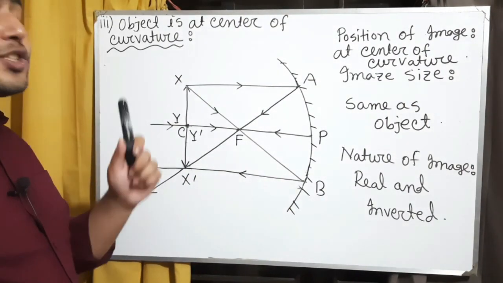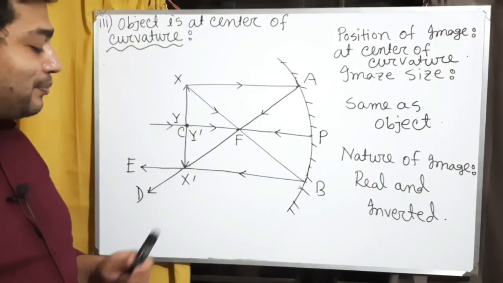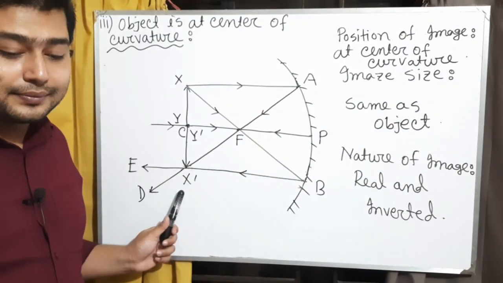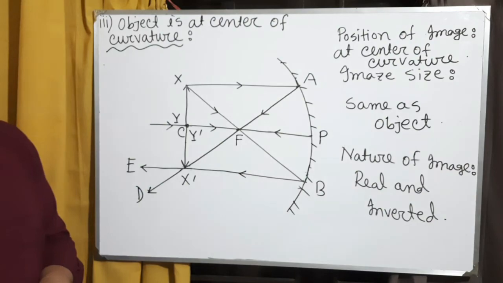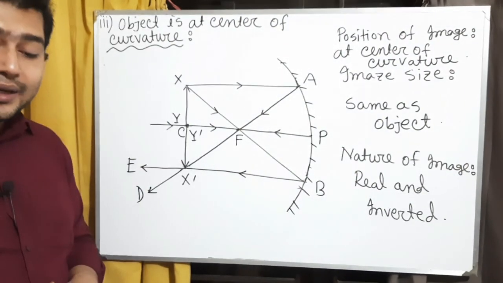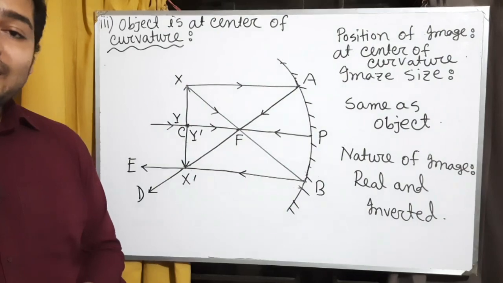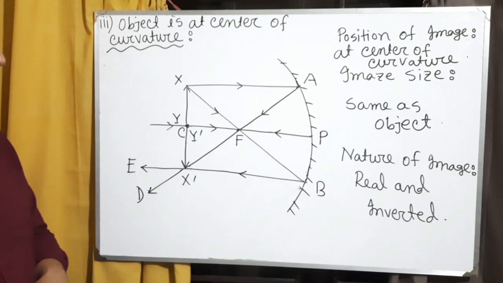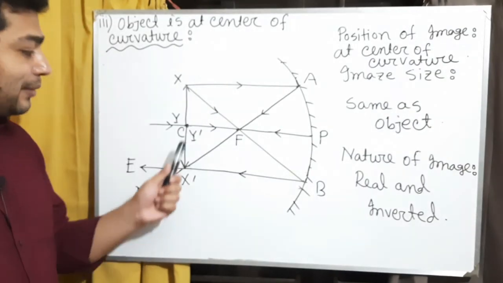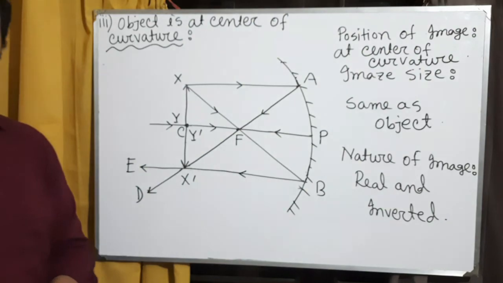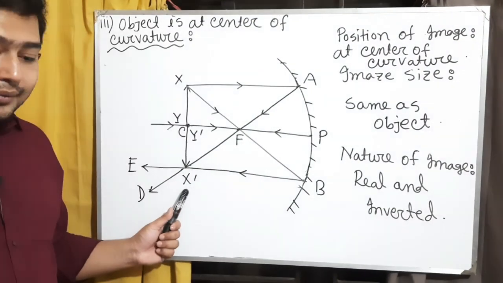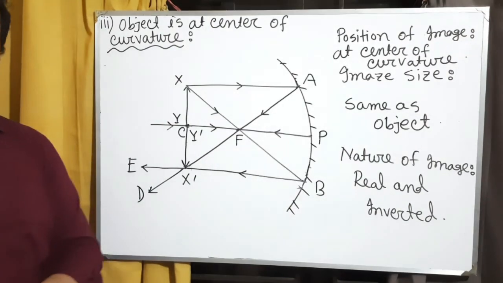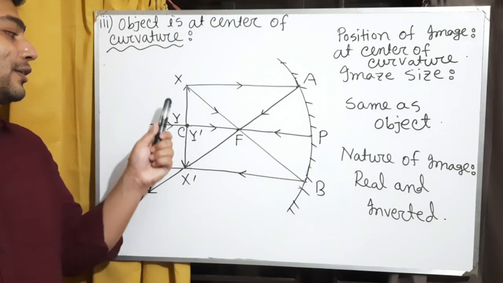These two reflected rays meet at a point named X prime. So X prime will be the real image of X. A vertical line X prime Y prime drawn from X prime to the principal axis will be the real image of XY.